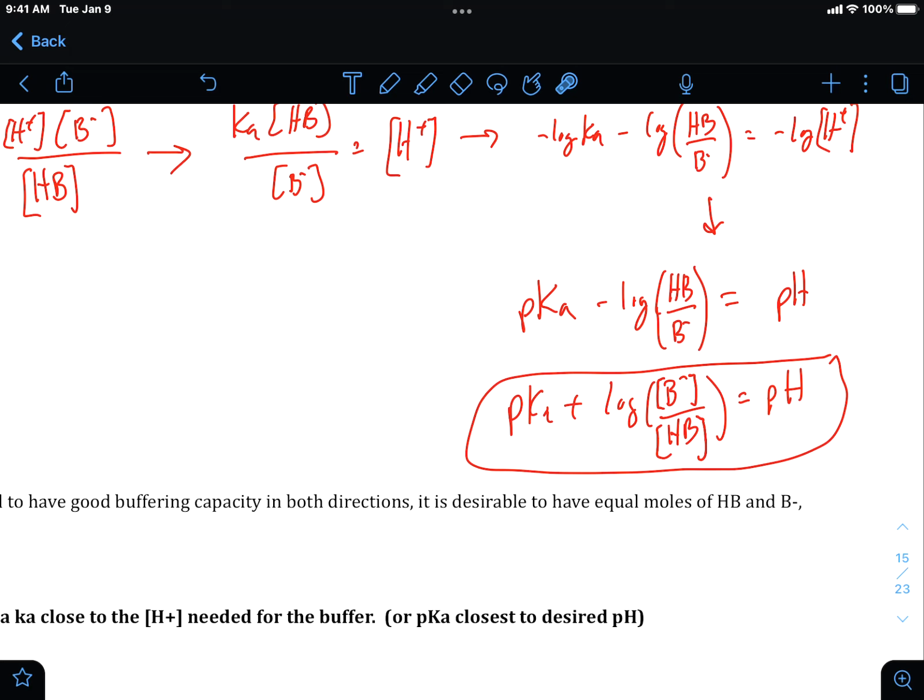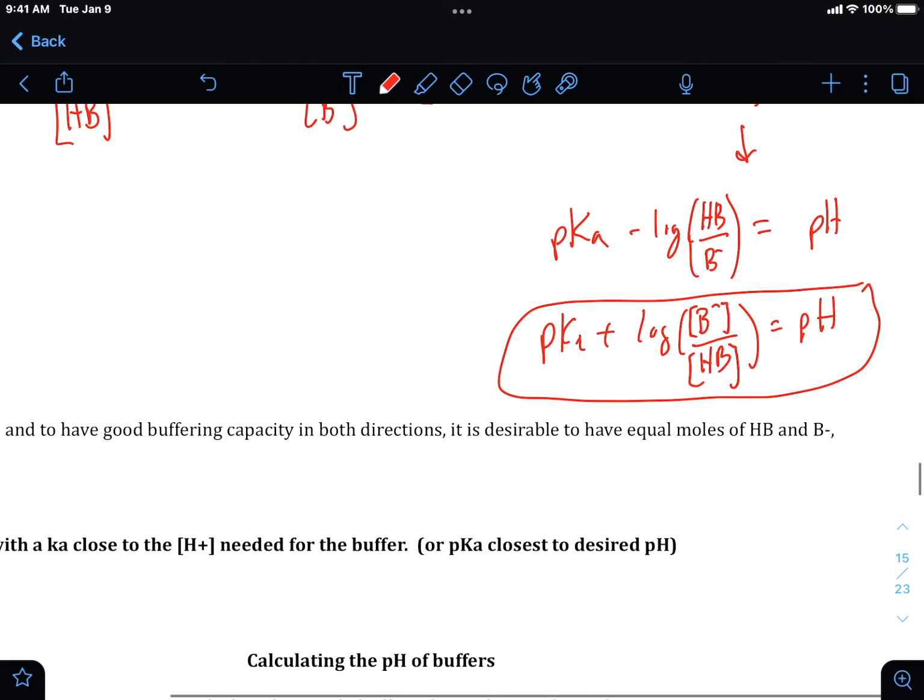Concentration, molarity, right? Aren't these two in the same beaker? So if that's the case, that means moles of B minus over volume X divided by moles of HB divided by volume X, the volume drops out. So really it's a ratio of moles then. Does that make sense? Okay, so because of that, you don't have to worry about calculations for volume or concentration. You just need the moles when you're using this.